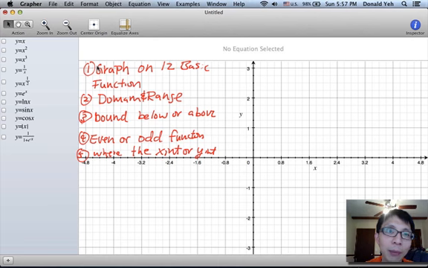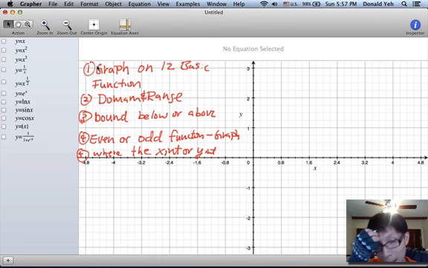If you know how to graph it, then you should be able to tell me the domain and range, and from the domain and range, whether it's bounded below or above. You can find whether it's an even or odd function by looking at the graph. You can look at the graph on all of these and tell me if they're even or odd functions, and where the x-intercept or y-intercept is.